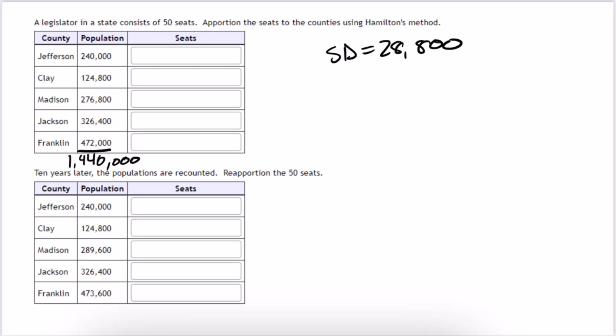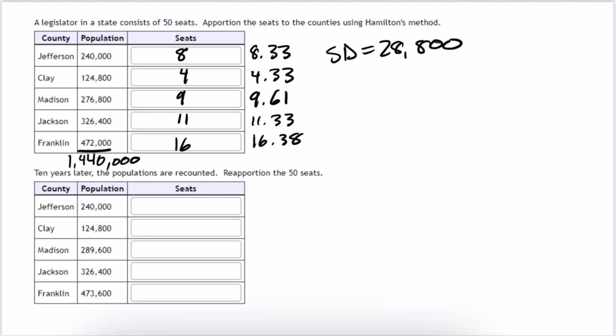And that number, if you take each of the populations and divide by it, will give you the decimals 8.33, 4.33, 9.61, 11.33, and 16.38. And so with the lower quotas, we would have 8, 4, 9, 11, and 16 representatives for each county.